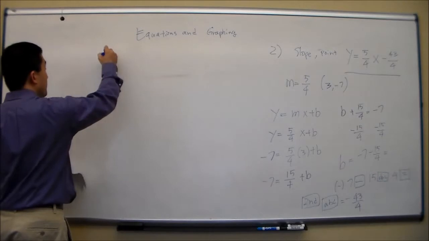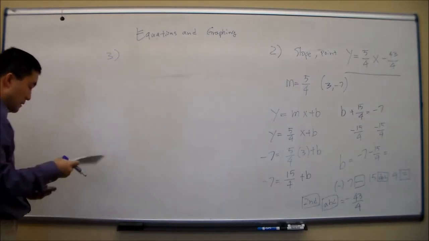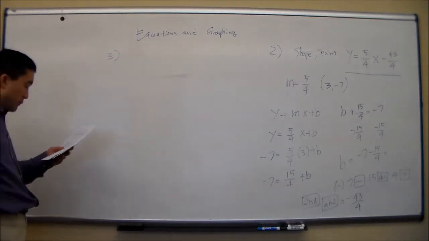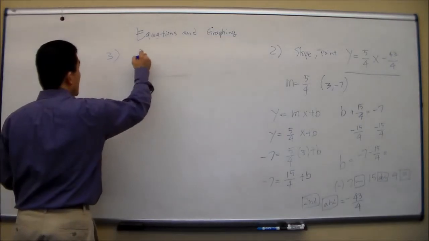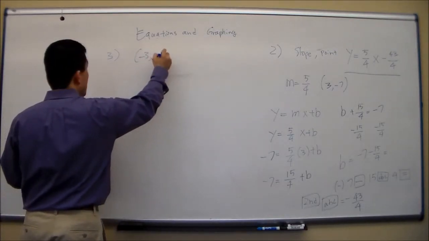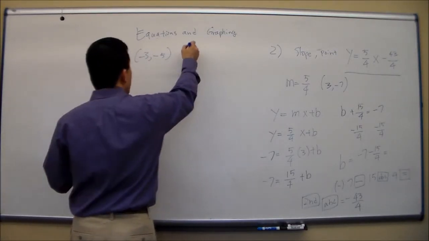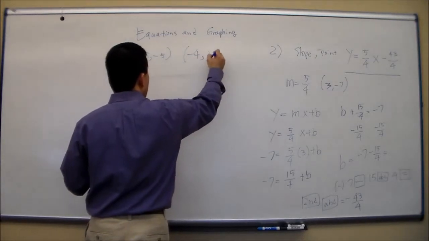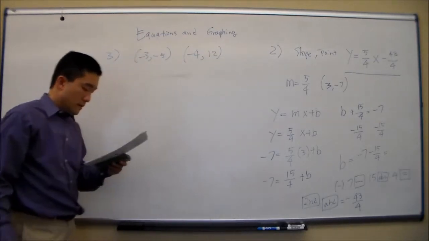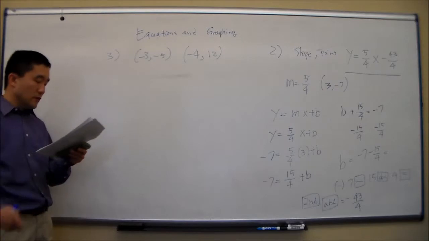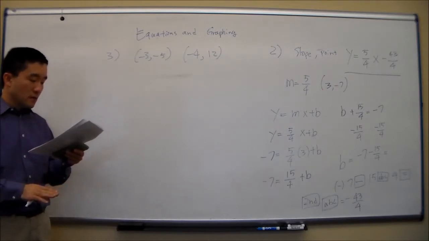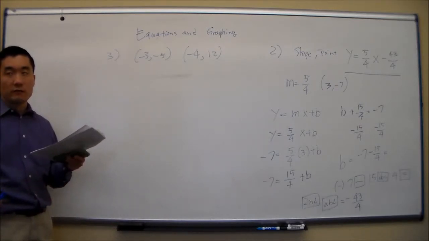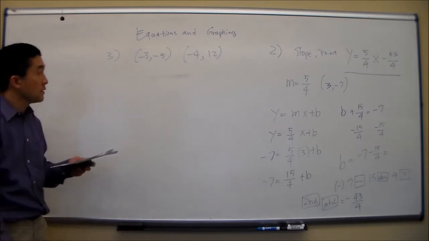Last one. For this, you're given ordered pairs: negative 3, negative 5, and negative 4, 12. So you're not given either the slope or the y-intercept. So you're going to have to figure out both of them.